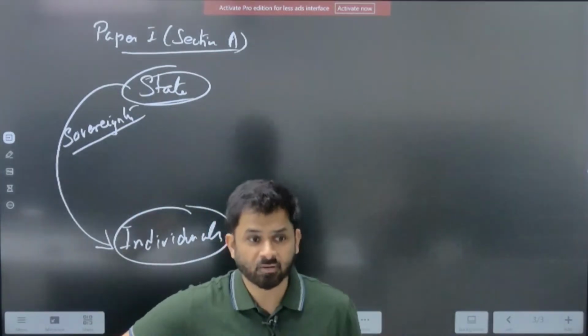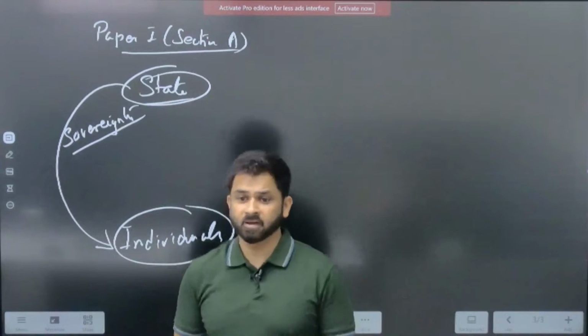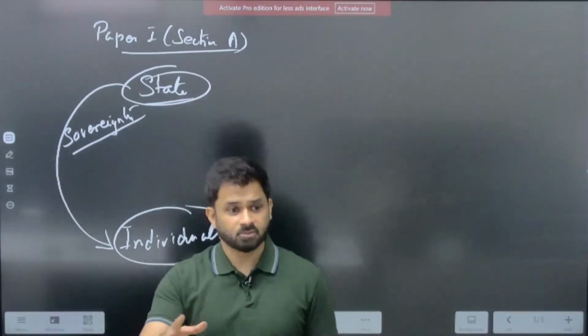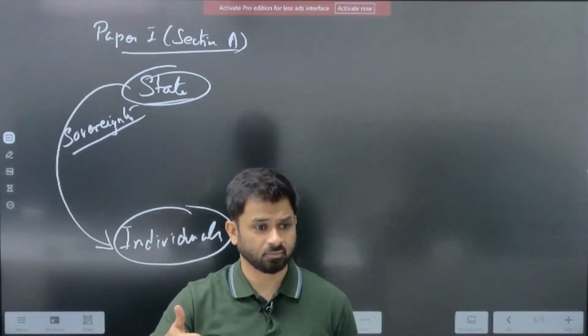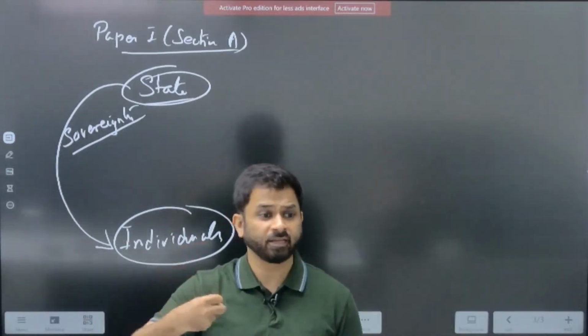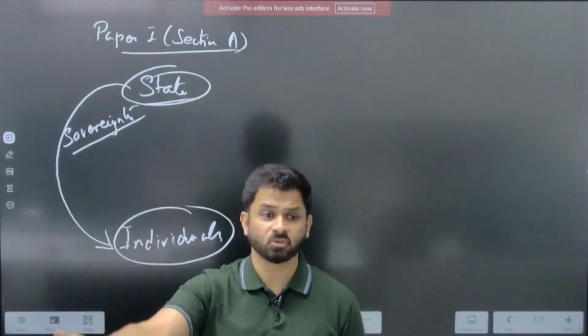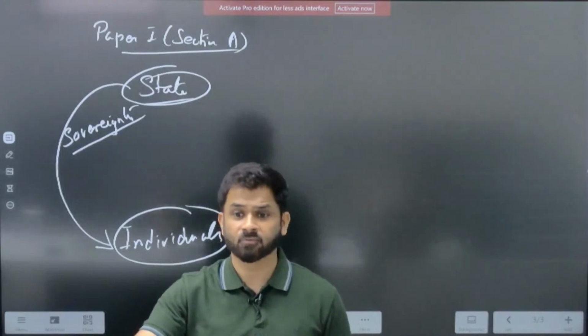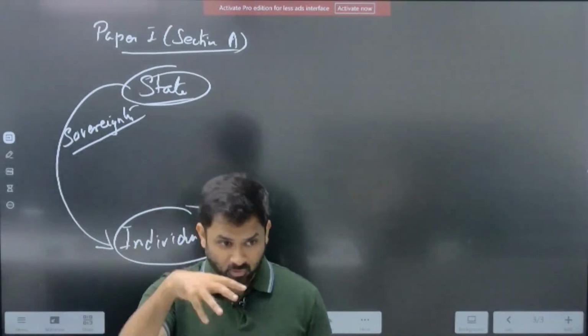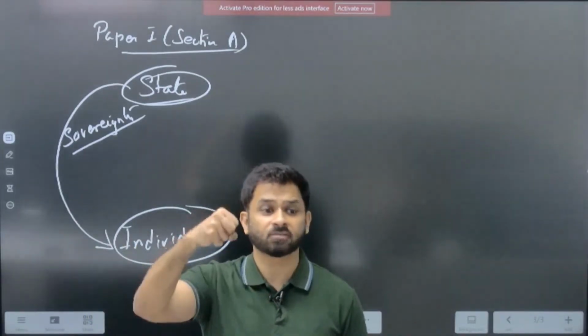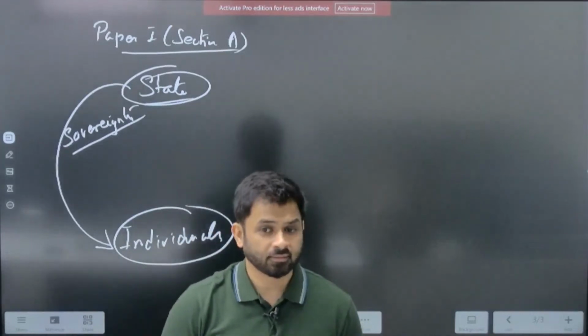Sovereign means what? Sovereign means all powerful. It has full authority inside as well as with respect to external affairs. No one from outside can interfere, and within the country also the authority has full command. That is sovereign.